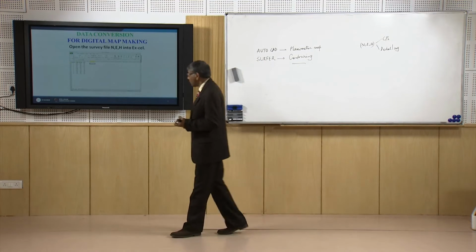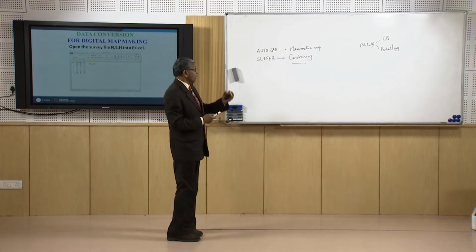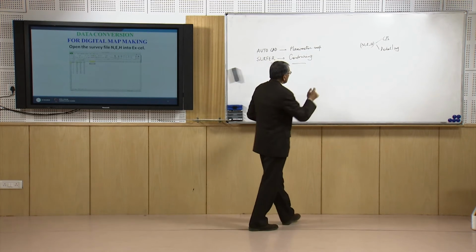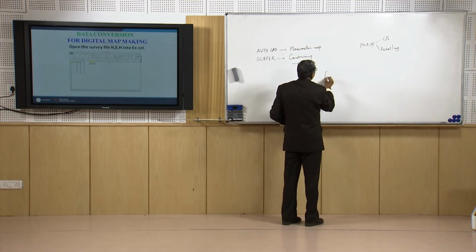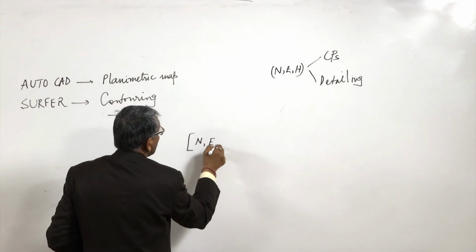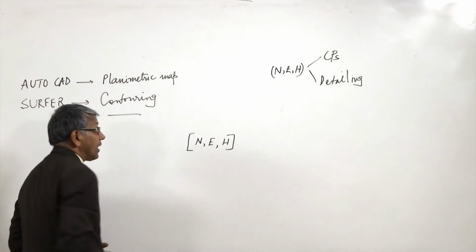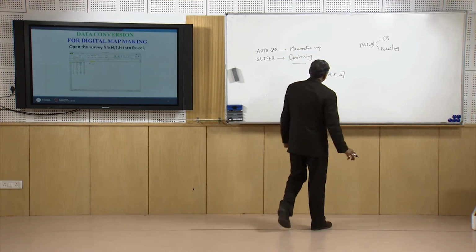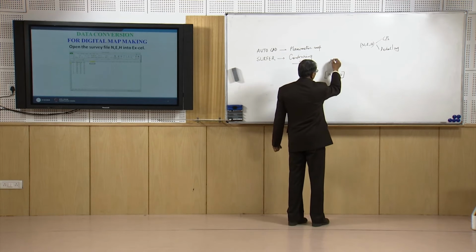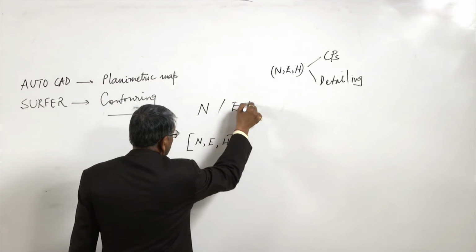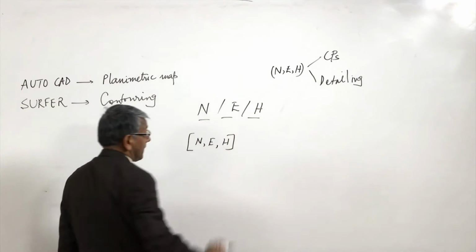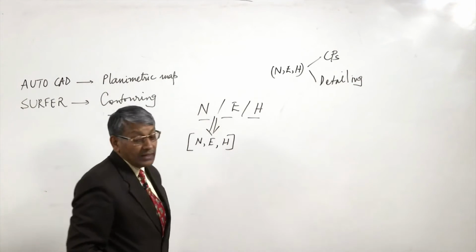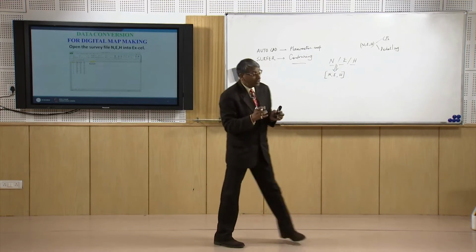Now first, for AutoCAD, we need to have the data in the format of NEH, but the data which we have got from our digital land surveying is in the format of north, east and height independently. So we have to put all these together as a single unit.